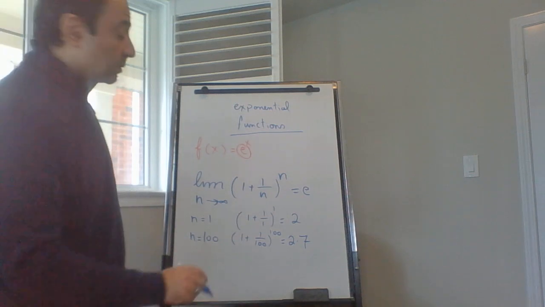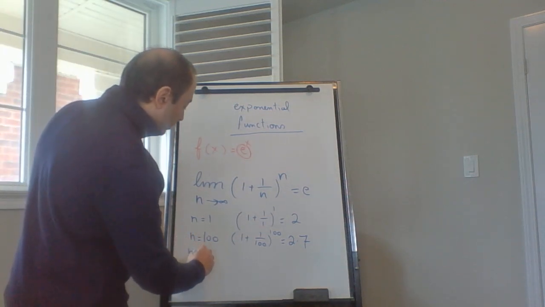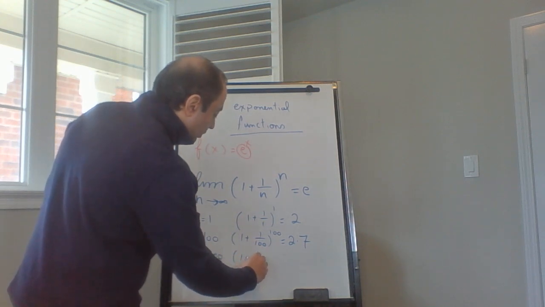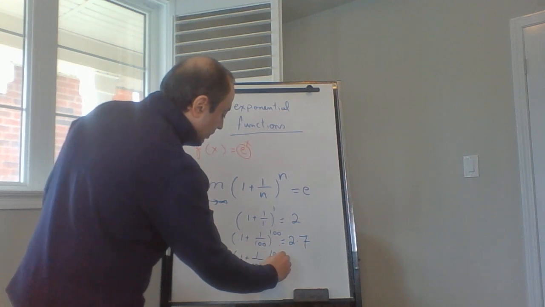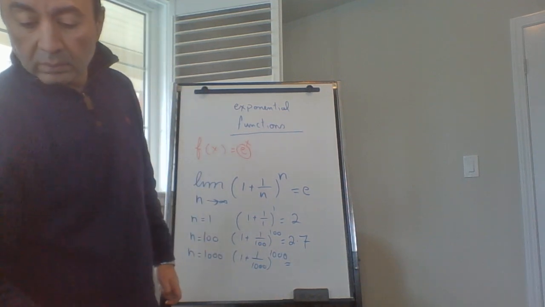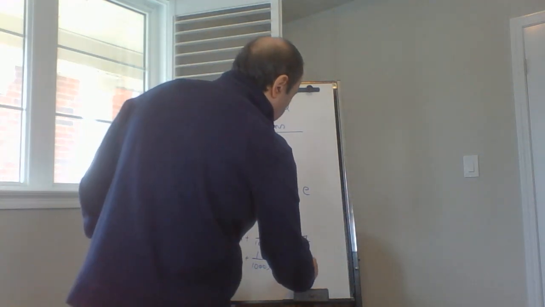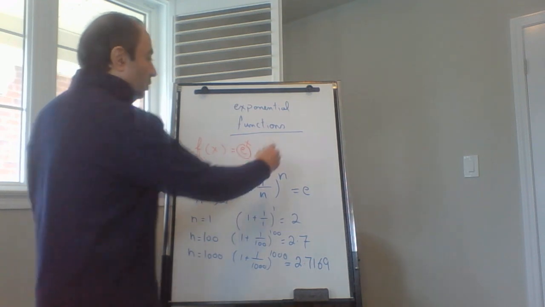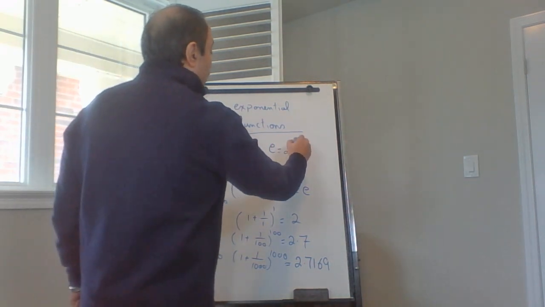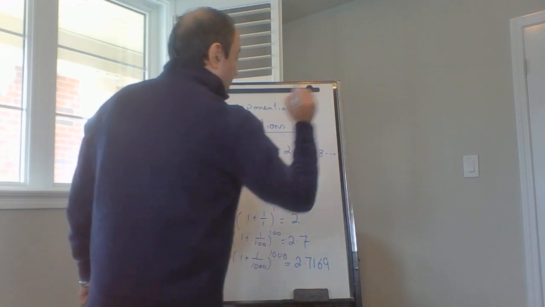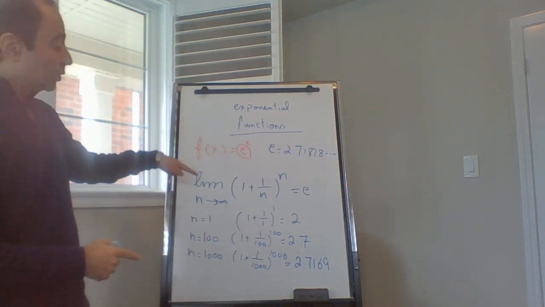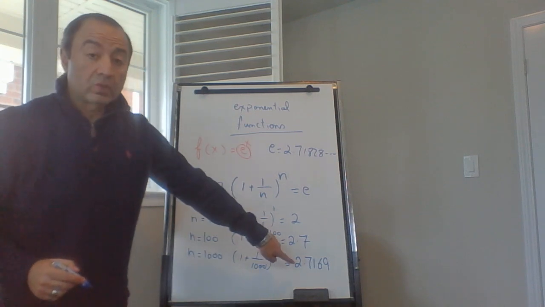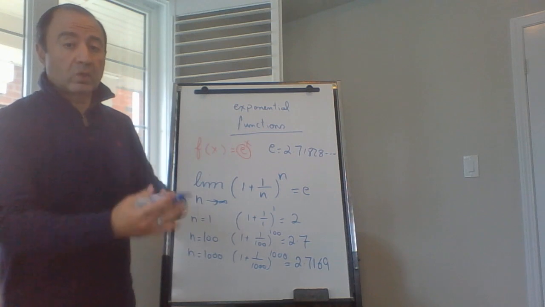So when we come to 1000, 1 plus 1 over 1000 to the power of 1000 will equal 2.7169. So as you see, we are coming close to e, which is 2.71828. So as n comes close to infinity, getting bigger and bigger, this limit comes close to e.